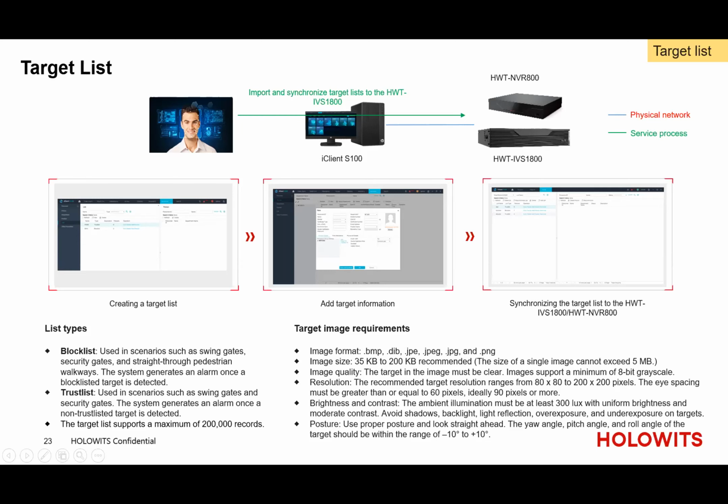This session is about crowd flow analysis, and there are 4 types of capabilities. The simple diagram shows the functions of queue length detection, crowd density detection, line crossing counting, heat map, and so on.